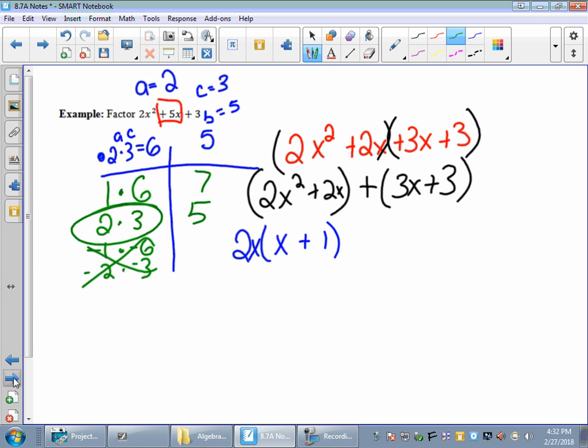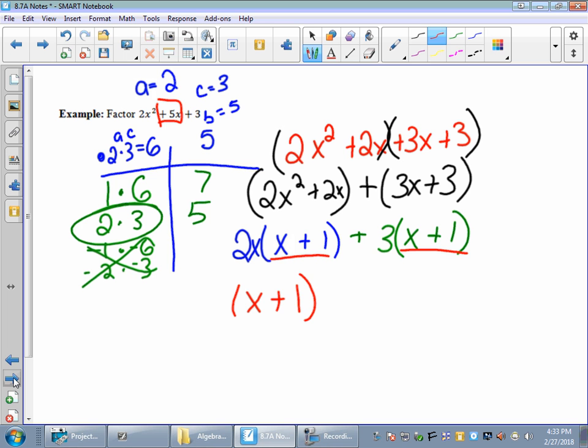Greatest common factor of 3x and 3 is going to be 3. Open my parentheses. I need a 3 times an x to get me to 3x, and a 3 times a positive 1 to get me to a positive 3. And of course, my addition sign in the middle. I finally finished that, and I have an x plus 1.